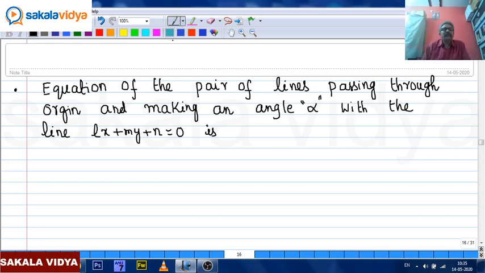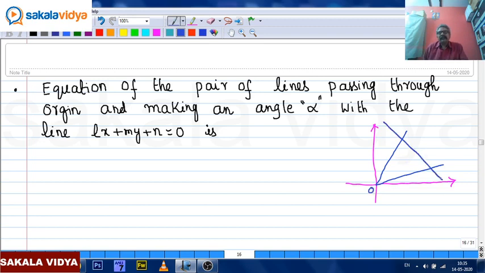So now, coordinate axis. For example, these two are the lines represented by, we need to find out these two lines pass through the origin. This is making alpha angle, say O point and B point.